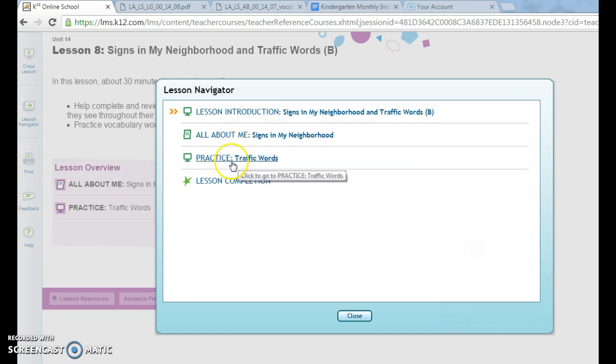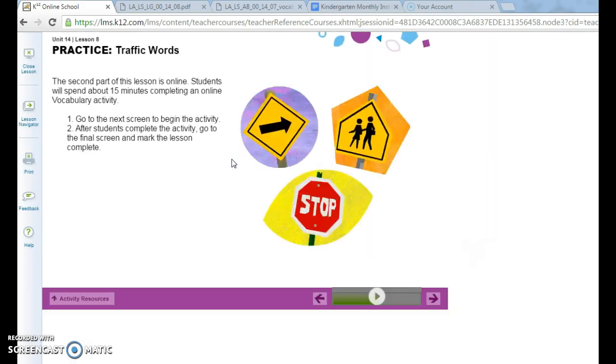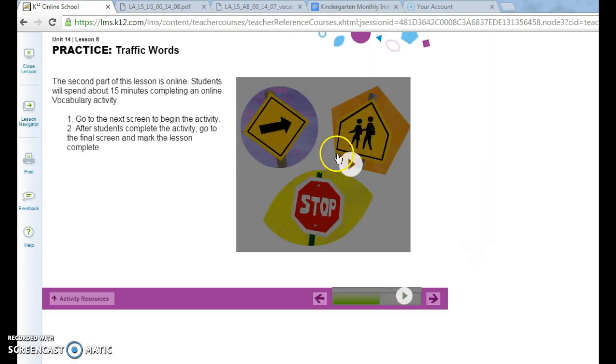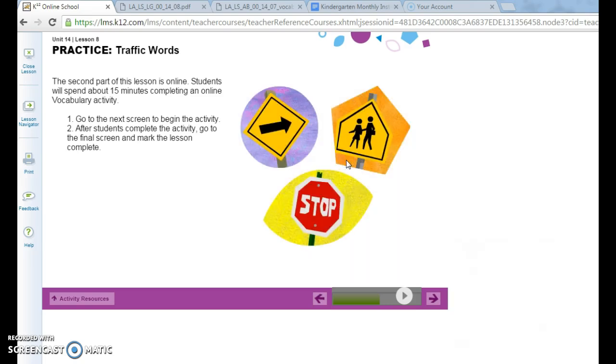Now we are going to practice with traffic words. So you can click here. And there's a short activity for your student to complete to practice the traffic words. Please pause this recording and complete this online activity.